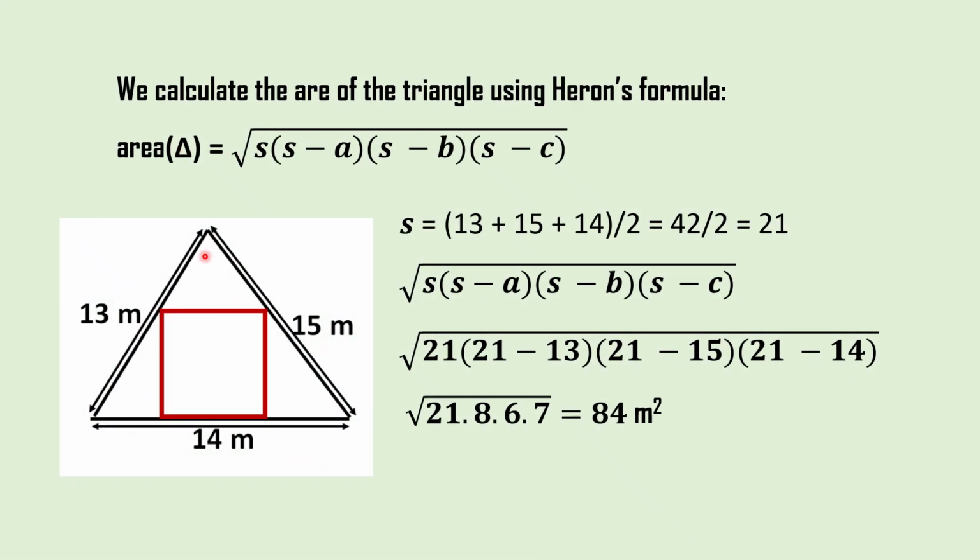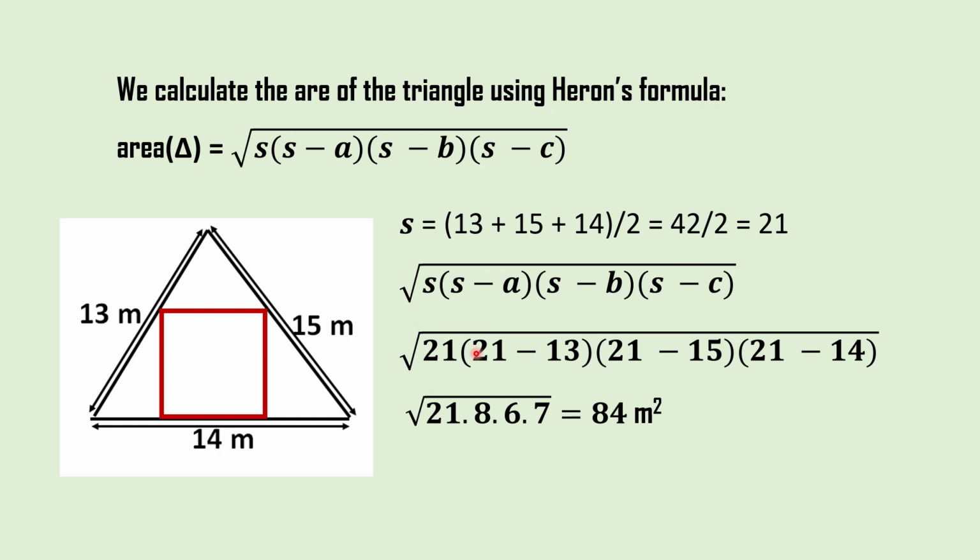Now, since we know the lengths of all the sides of the triangle, we can calculate the area using Heron's formula, square root of s into s minus a into s minus b into s minus c. Here s, the semi-perimeter, is (13 plus 14 plus 15) by 2, that is 21.